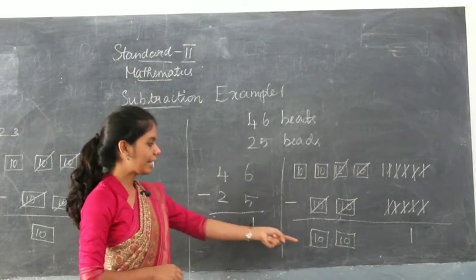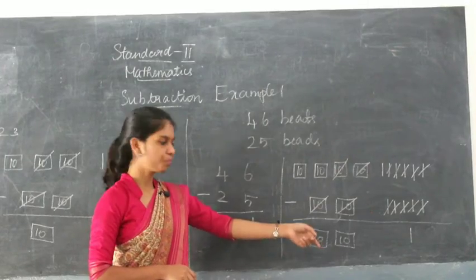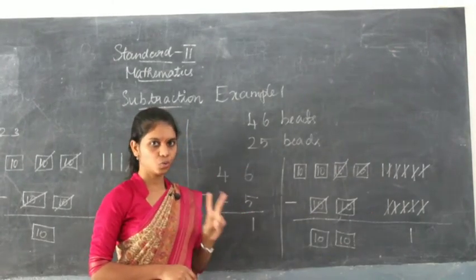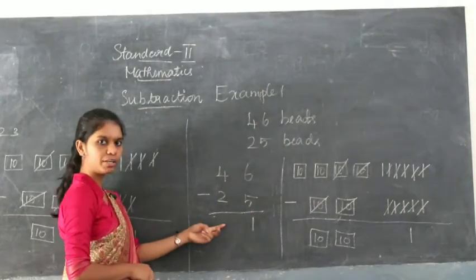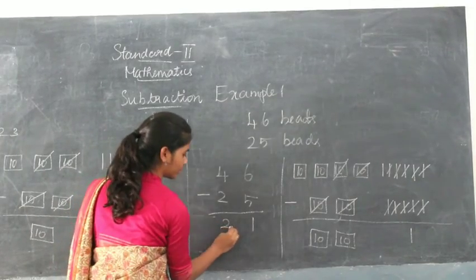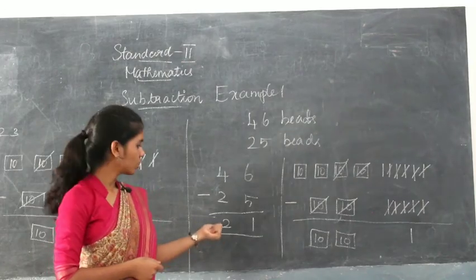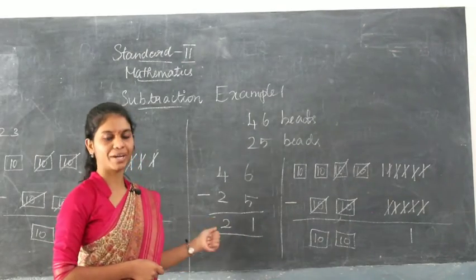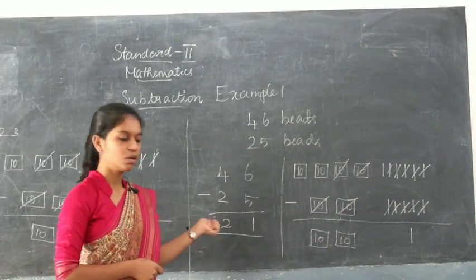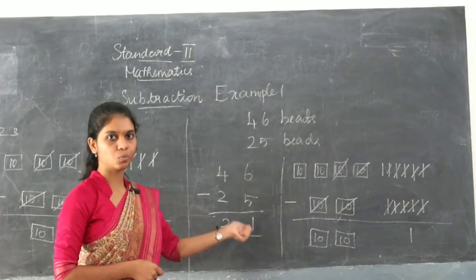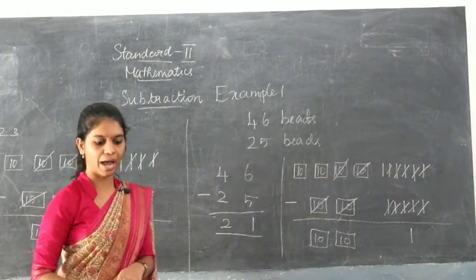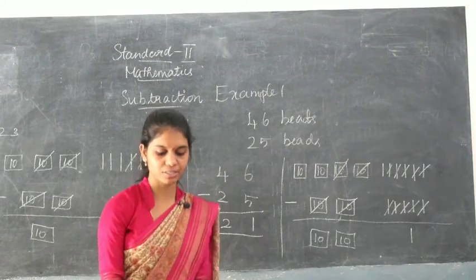And then in the tens place, how many tens are left? 2 tens are left. So here you should write 2. So your answer will be 2, 1, which is 21. The answer is 21. Okay, this is how you have to do all your subtraction sums.